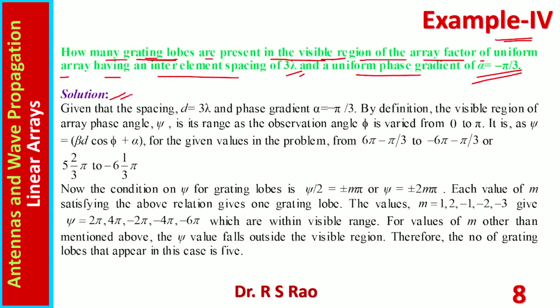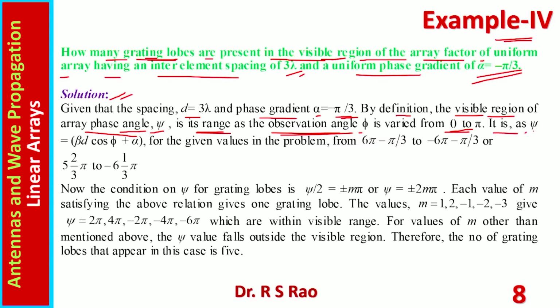Given that spacing d is equal to 3 lambda and phase gradient alpha is equal to minus pi by 3. By definition, the visible region of array phase angle psi is its range as observation angle phi is varied from 0 to pi. Notice the range of phi is 0 to pi, not 2 pi.